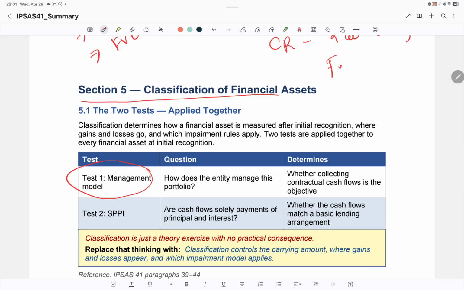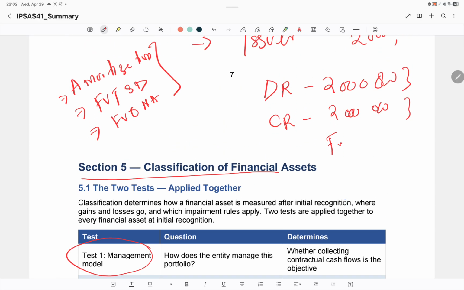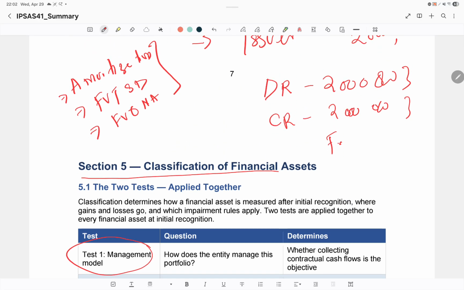Then the other one is the SPPI test. Solely payments of principal and interest. What does this mean? Let us just look at an example like a loan. Most of the times loans are held for solely payments of principal and interest.